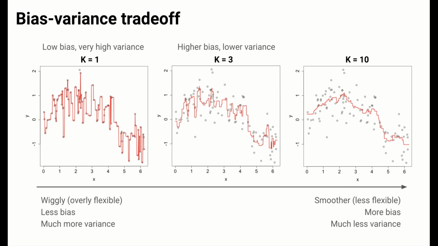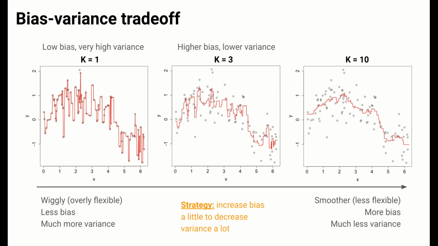Overly flexible methods are less biased because they can be very wiggly. But this fact means that they must be more variable. They will change drastically with even slightly different training data. Less flexible methods estimate smoother functions. These smoother functions are simpler, so they are more biased, but they are considerably less variable.